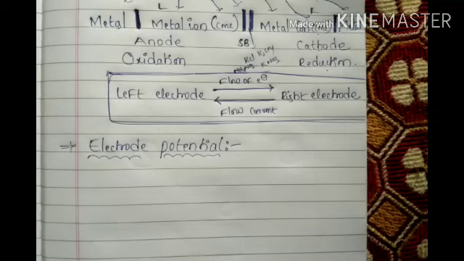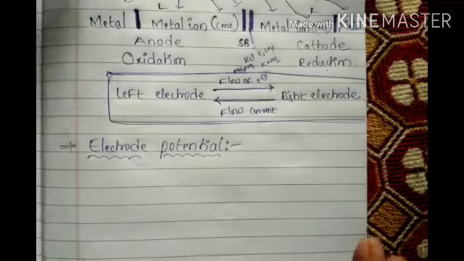Consider a metal rod placed in contact with its own ions, Mn+ ions we are taking. See here, we are taking a metal rod and keeping it in a metal ion solution. First I will write some reactions.